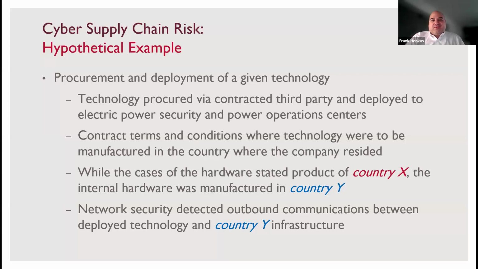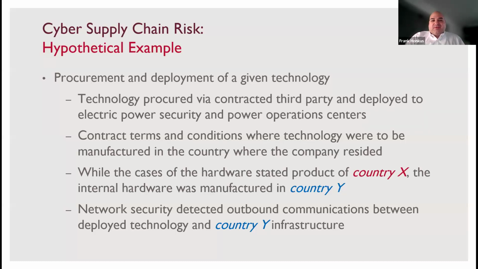So you work through your internal procurement process, and you identify vendors through an RFP that are going to procure this technology for you and do the installation. Part of your contract terms are that the technology in question must be produced in the country that you, the company, reside in. It can't come from anywhere else. It has to be something homegrown and ready to roll.